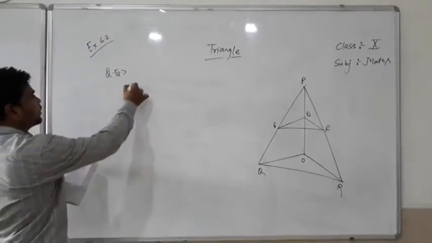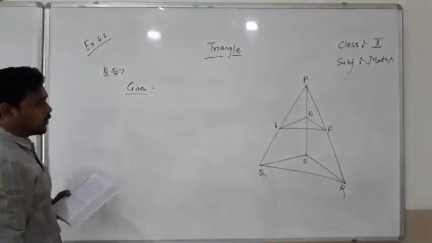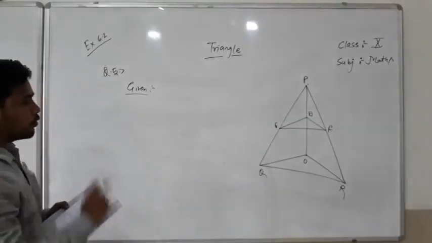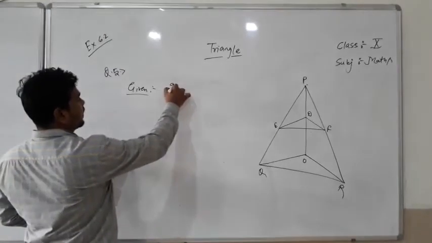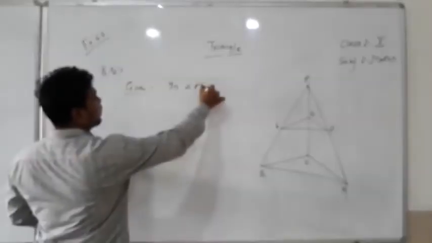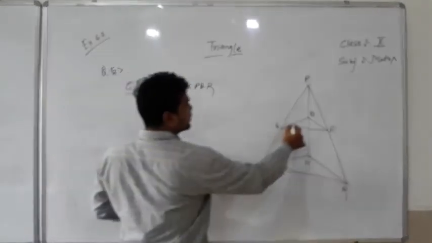So first of all students, we will write the given part in figure 6.20, that is the 6.20 figure in the book. DE is parallel to OQ. सबसे पहले हम लिखेंगे इन ट्राइंगल PQR. DE is parallel to OQ, means this side is parallel to this side.